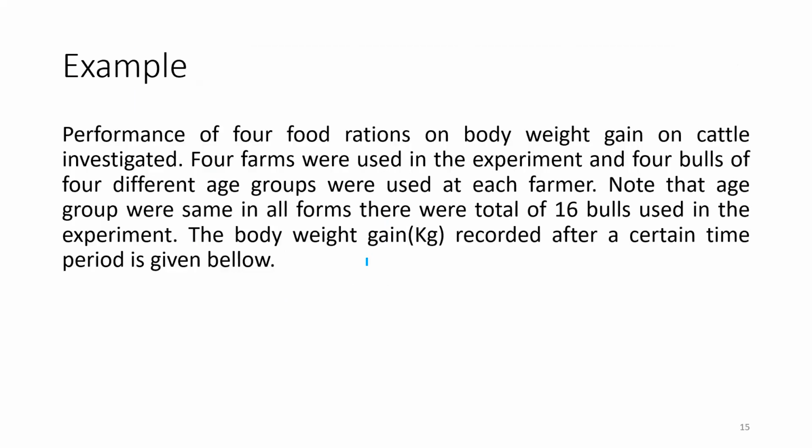Now I am going to give you an example. Performance of 4 food rations on body weight gain in cattle is investigated. So what are you going to test? 4 food rations on body weight.